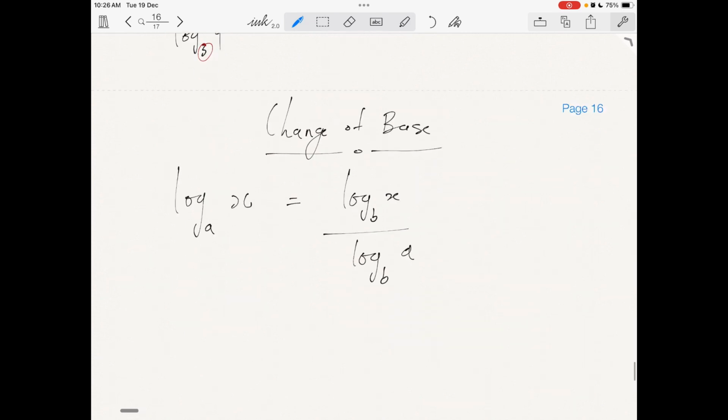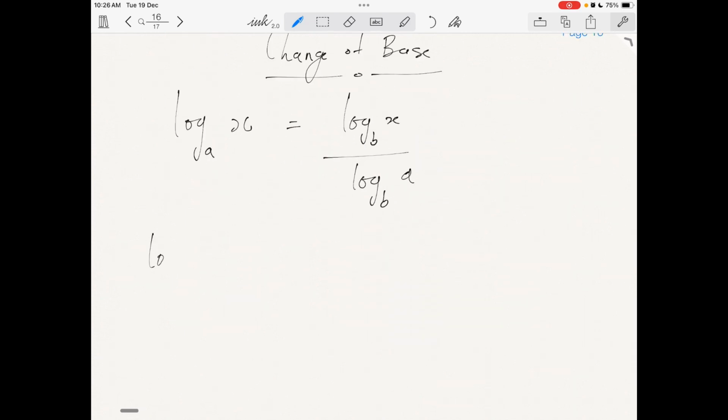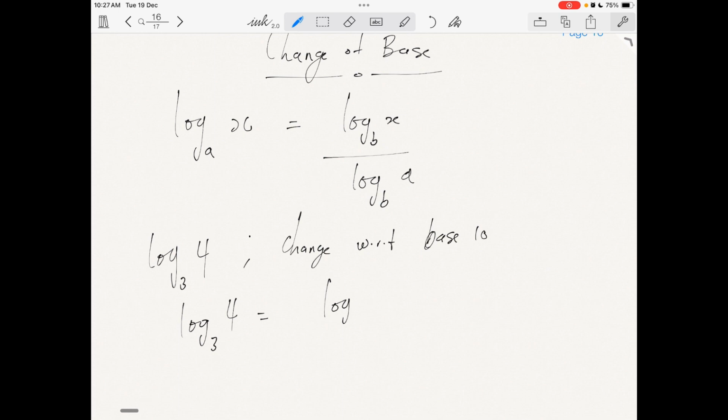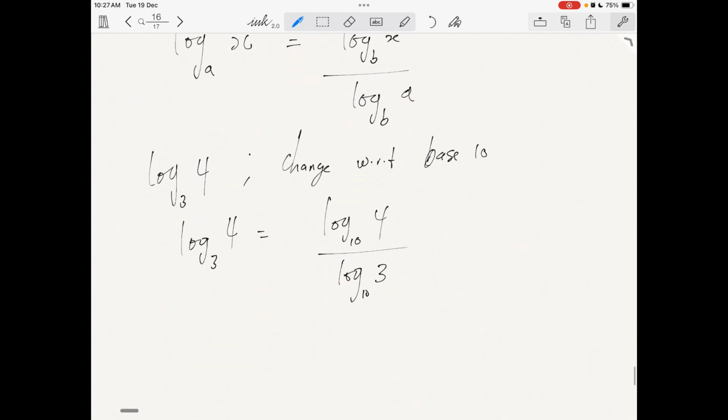So given log 3 base 4, and the question says change with respect to base 10, that means my log base 3 of 4 will be equal to log 10 of 4 divided by log 10 of 3. I take my number first, and I take the base as the denominator. So wherever they ask you to make it subject of formula, it's very easy.